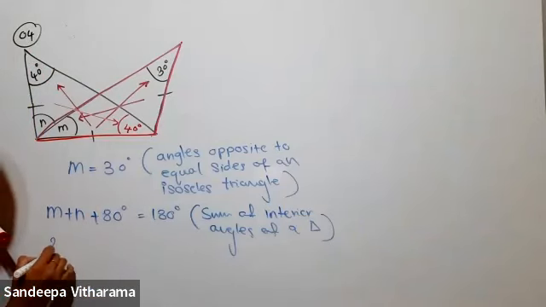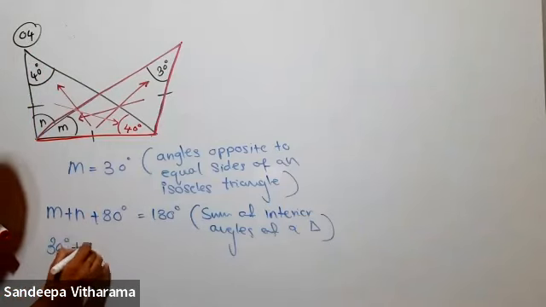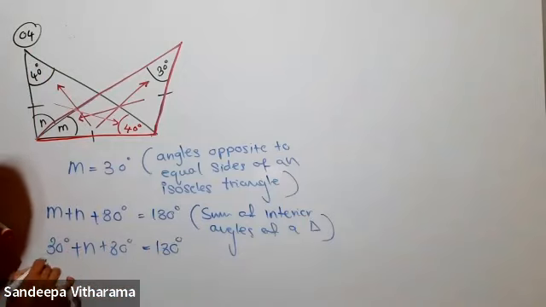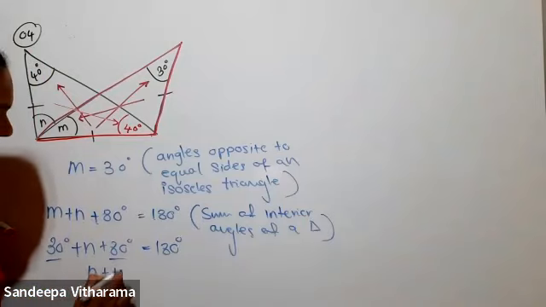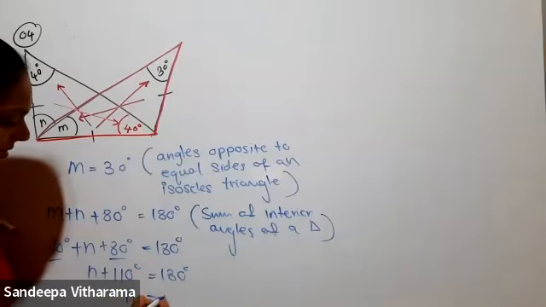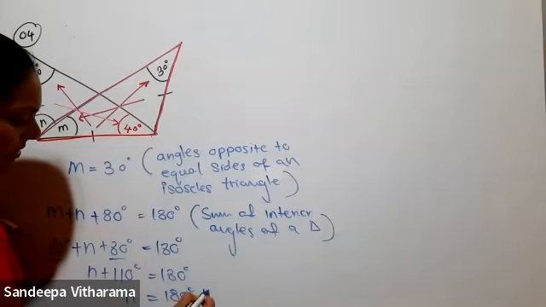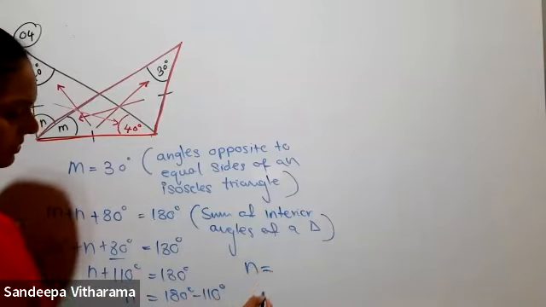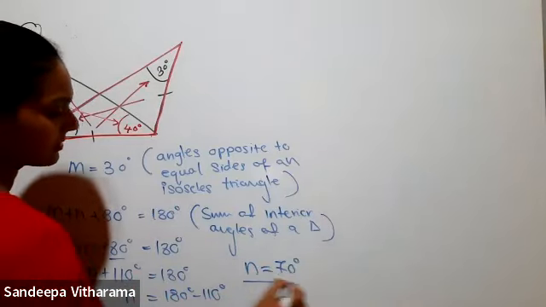Then we have found the value of m. 30 plus 80 equals 110. Then n equals 180 subtract 110. Then n equals 70.